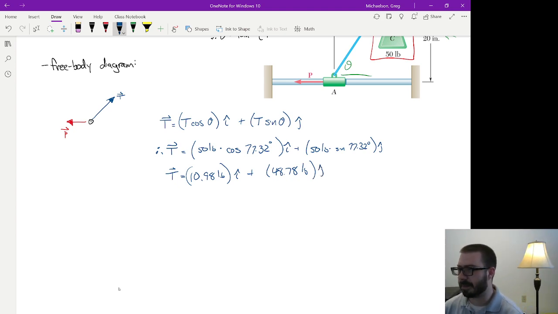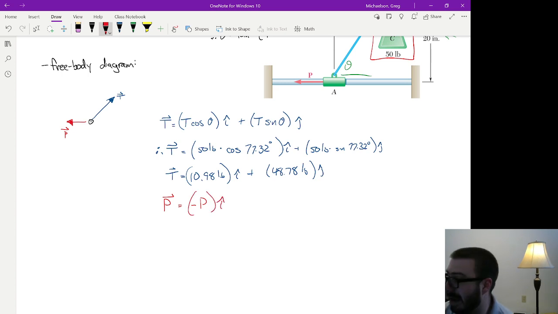So there you go. Now, as for the p vector, it is just negative p times i. That's all that is. So if I'm summing forces in the x direction, I just sum up all the components associated with the i vector.